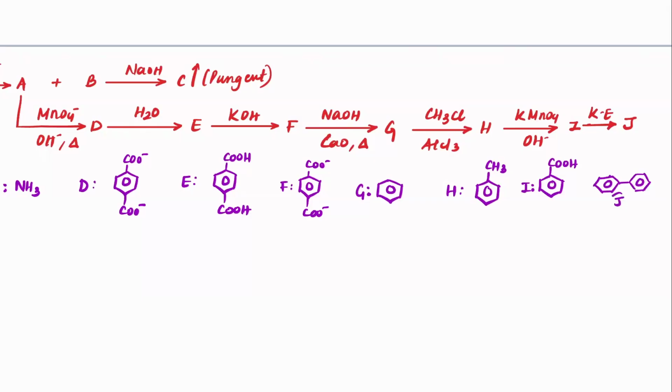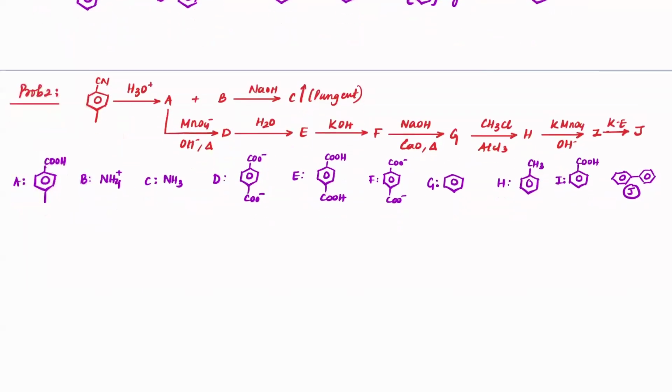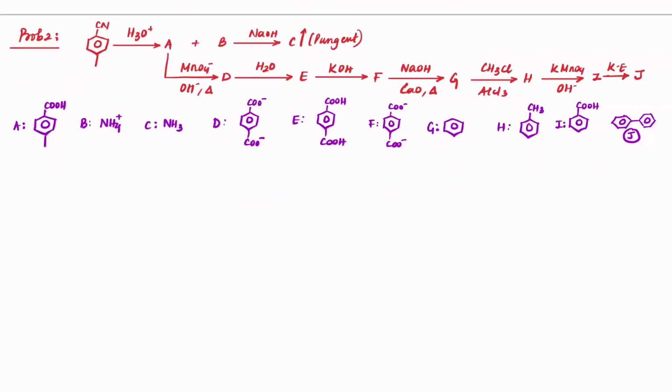So you'll get this as J. So this is J. So please check. Clear? Right. Check problem number 3.